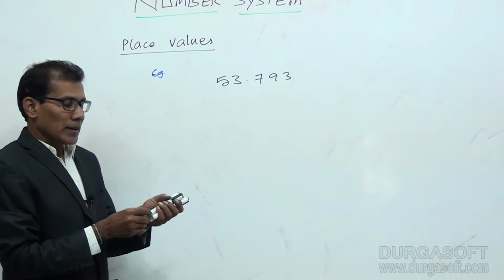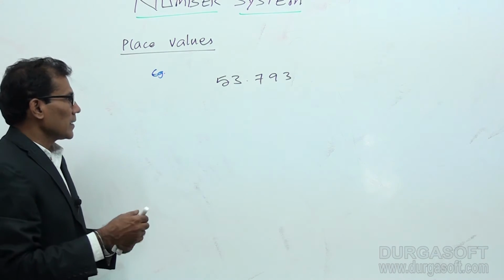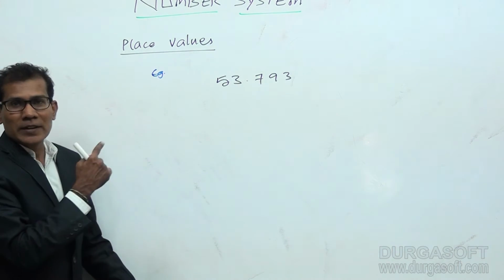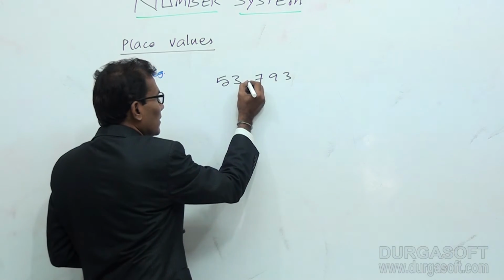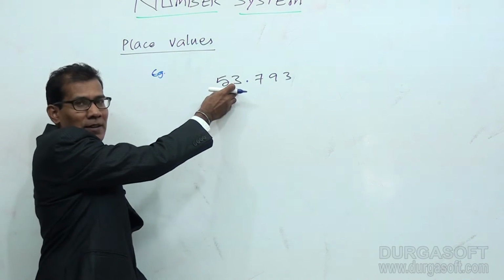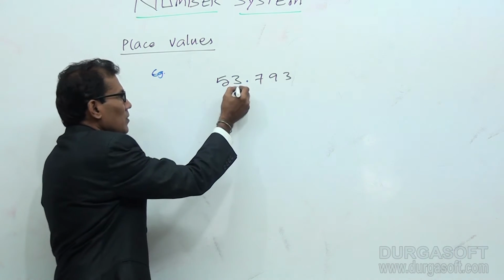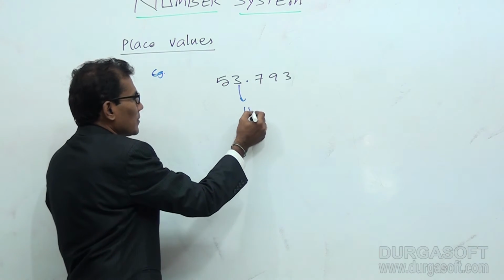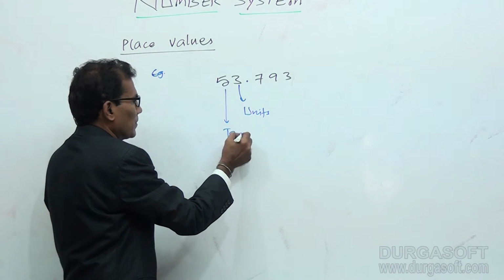Even in this number, every digit has its own place value. Then what are the place values of each and every digit? For a decimal, the left side is the whole number. Here we give the place values as we have seen just now. So this is the unit digit, the units place, and this is the tens place.